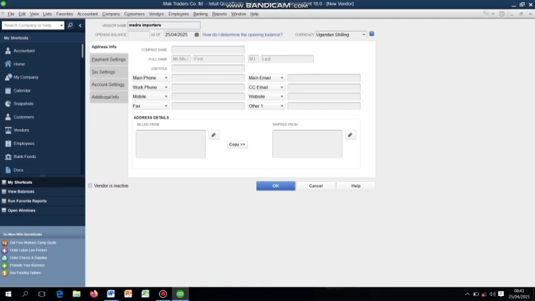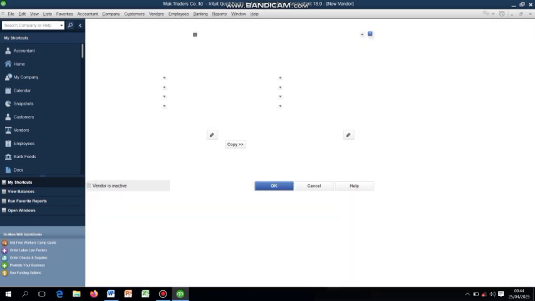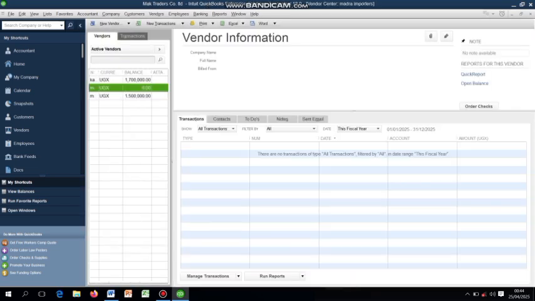He has no opening balance as of that date. I check the currency, then I come to OK. So I've added all three and they are all here. There was a choice of adding multiple vendors, but I chose this one because it is easier to do.